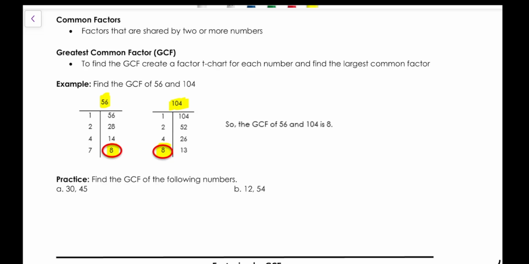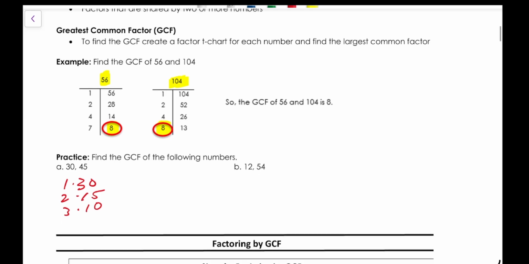So for example, if we wanted to find the GCF of 30 and 45, we might think of 30 as 1 times 30, 2 times 15, 3 times 10, and that's about it. 45 would be 45 times 1, or 1 times 45, 9 times 5, and I did miss one here, didn't I, for 30?